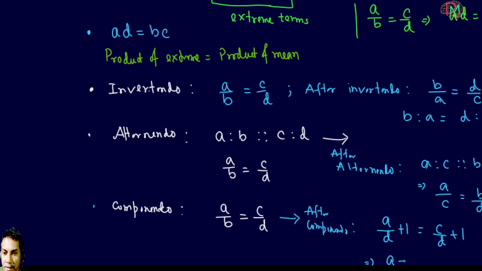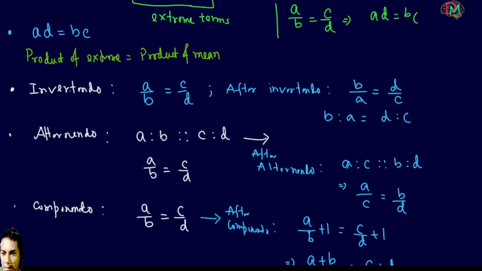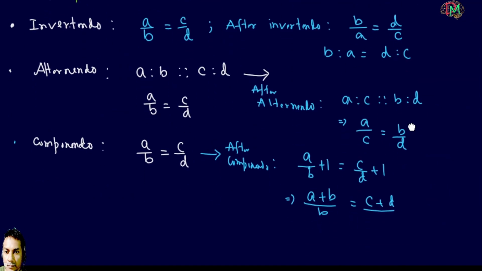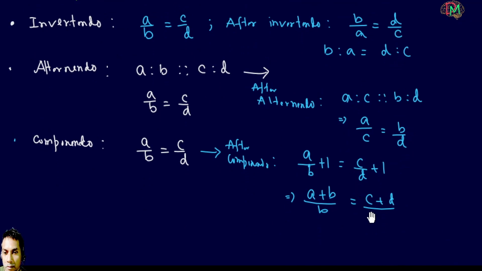So here we get A plus B by B is equal to C plus D by D.